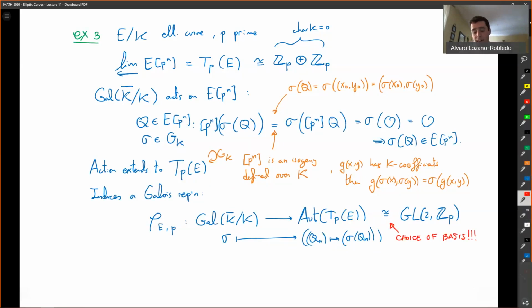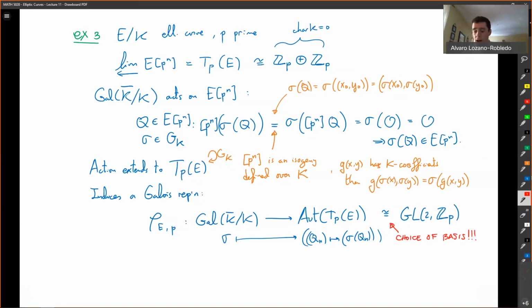So what that says is the image of this representation is well defined up to conjugation. If I pick another basis, that's going to conjugate the entire image. If I have one subgroup as an image, I conjugate, and that's picking another basis, and that will give me another image, but they're just conjugates of each other inside GL2 of Z_p. Okay.